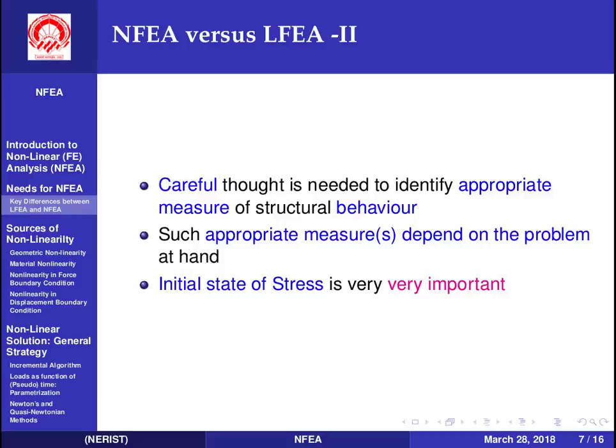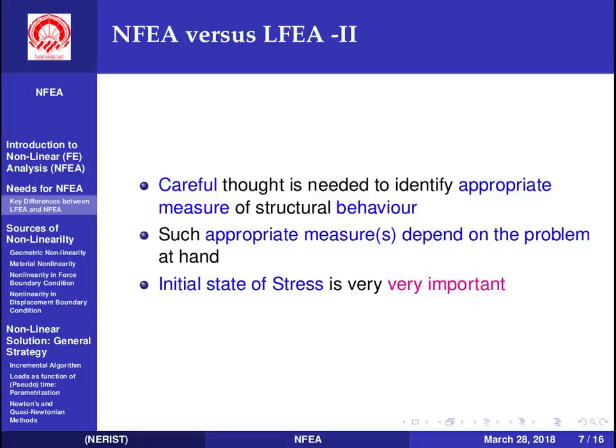That will give me a measure of failure. On the other hand, if I am doing a slope stability analysis, then might be the deformation at the slope surface or the strains developed within some particular region of the slope, the failure surface, might be a better indicator of failure.